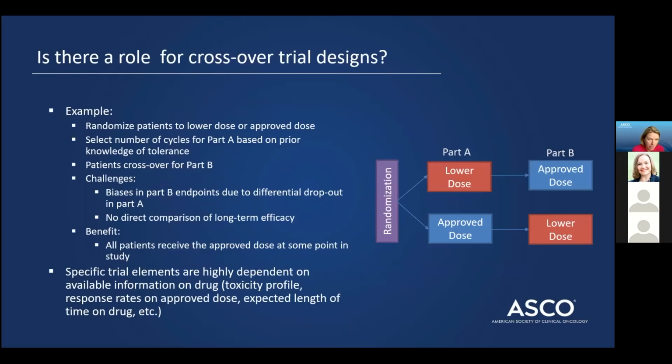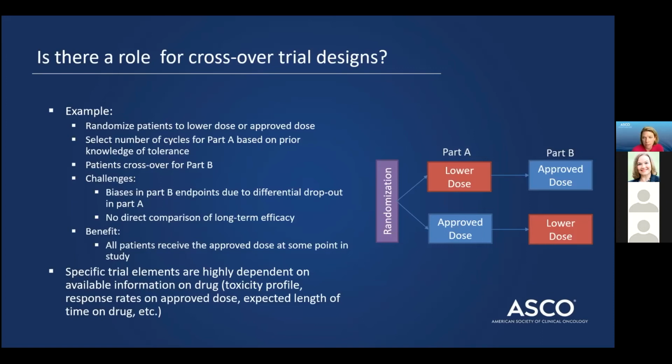And then you can select the number of cycles for part A based on prior knowledge of tolerance. So if you had an endpoint where you might expect to see tumor shrinkage or progression-free survival of a certain length of time, on part A, you might be able to compare that. And then you could cross over to part B where patients switch dose of treatment.